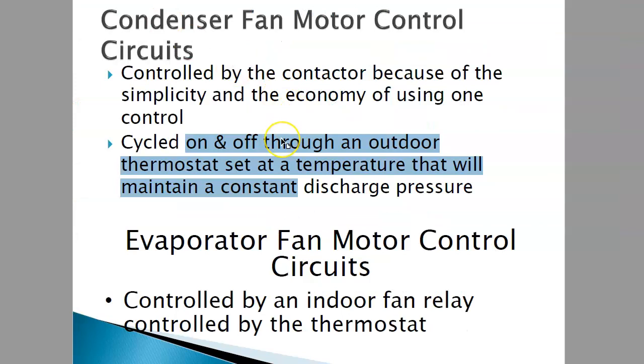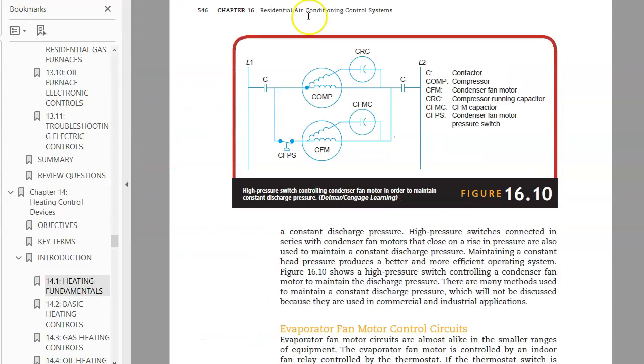Some condenser fan motors are controlled by an outdoor thermostat set at a temperature that will maintain a constant discharge pressure. Let's see the diagram. For example, here it has a CFPF, the condenser fan motor pressure switch.